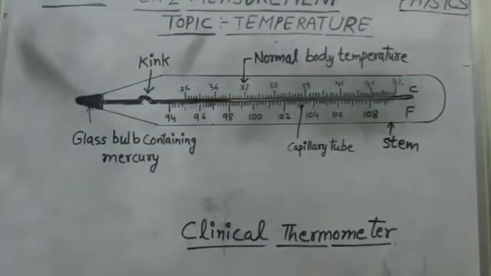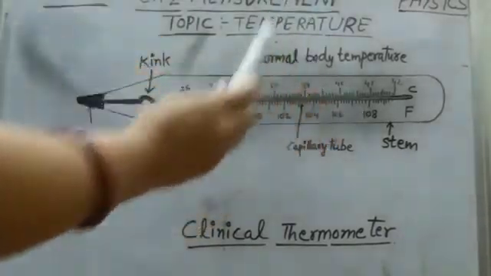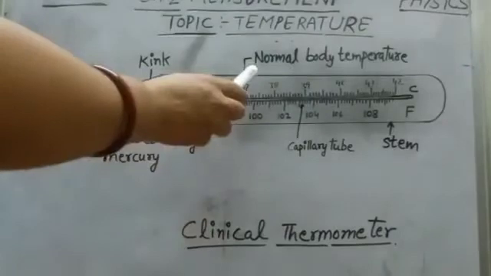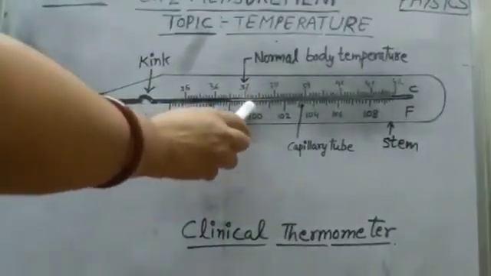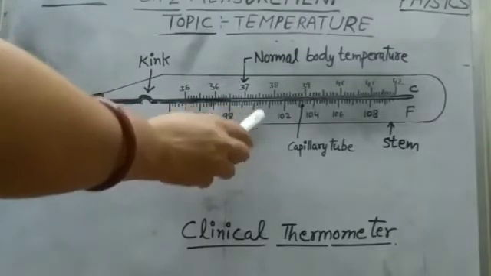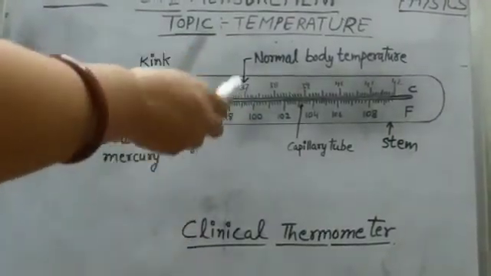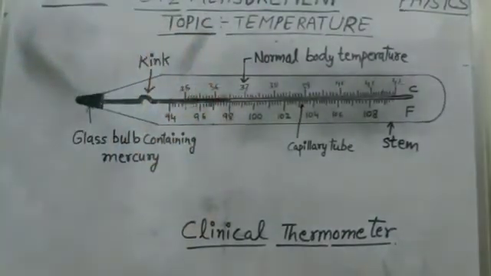The temperature of the human body does not go beyond this temperature range. The normal temperature of a human body is 37 degrees Celsius or 98.6 degrees Fahrenheit. A temperature above these indicates that a person is having fever.